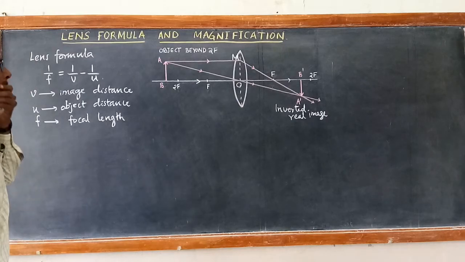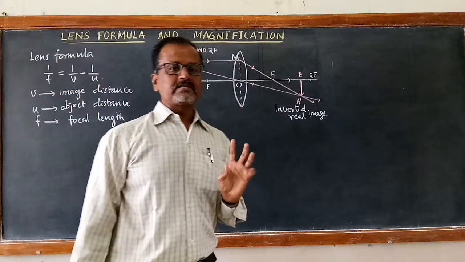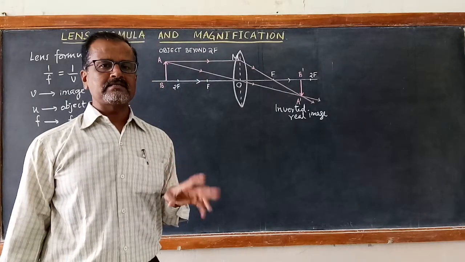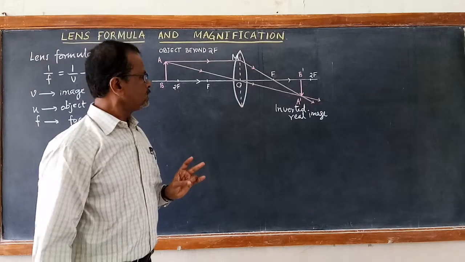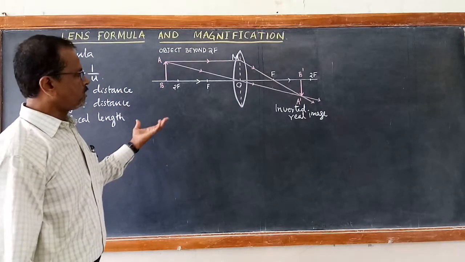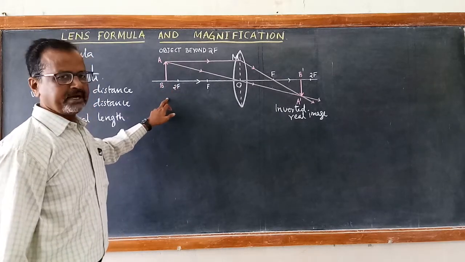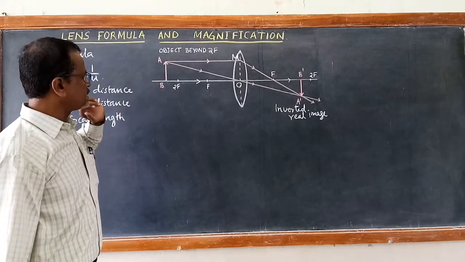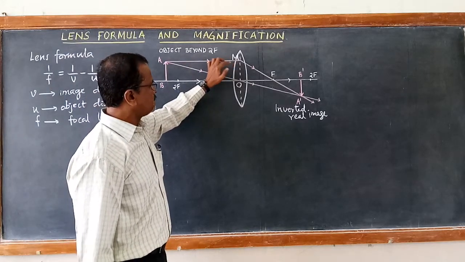Now the sign conventions that we follow are the same as the sign conventions that we followed for mirrors. Look here, the object is AB. For our convenience, I have taken the object just beyond 2f. Draw one ray of light parallel to the principal axis.